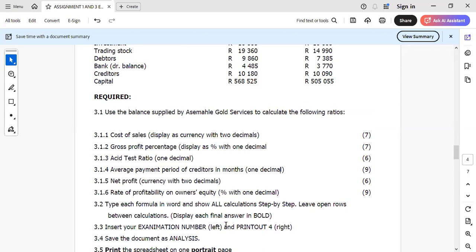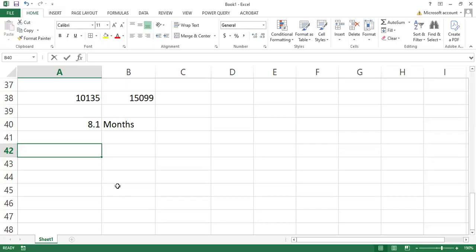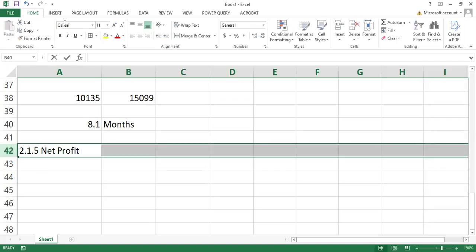Let's just do it like that. So let me just say 2.1.5, net profit. Now remember, they are not saying net profit percentage. I just need net profit.